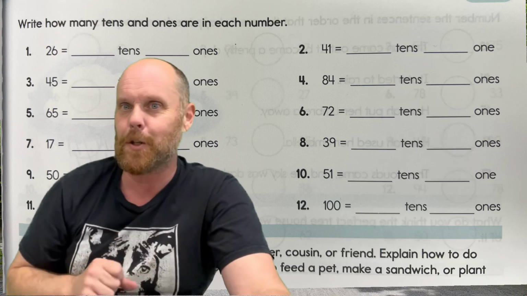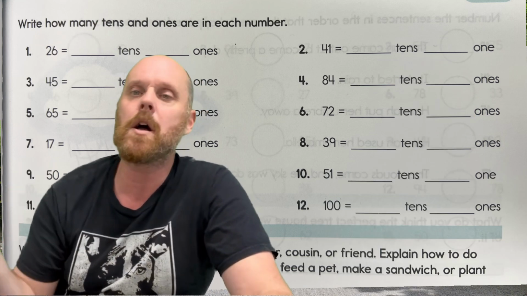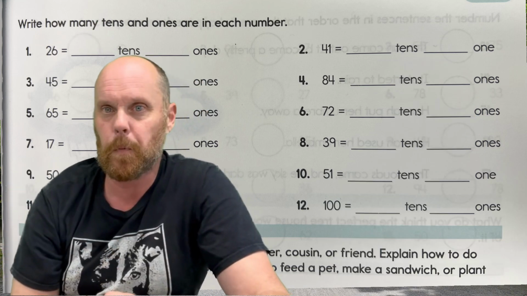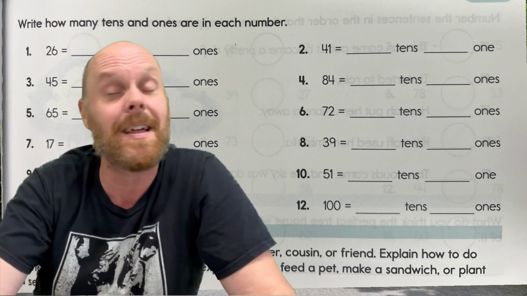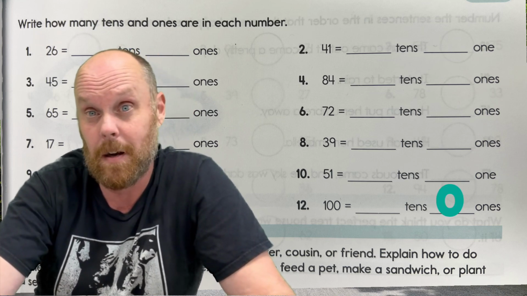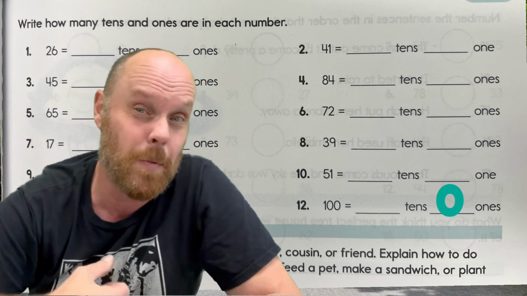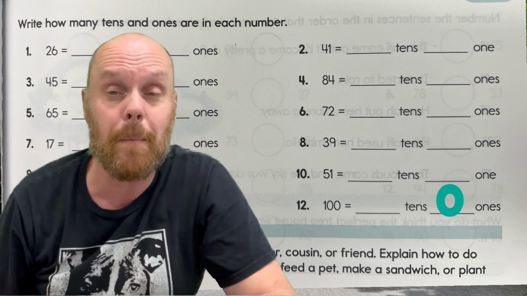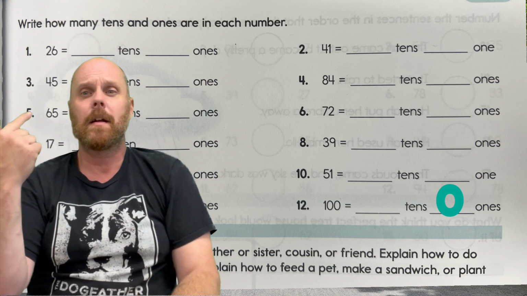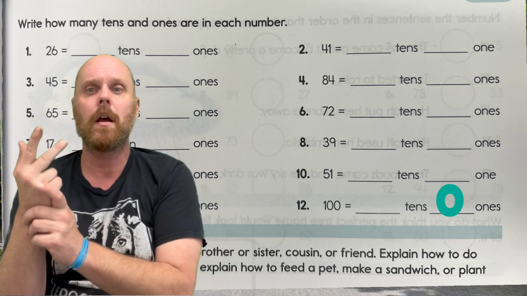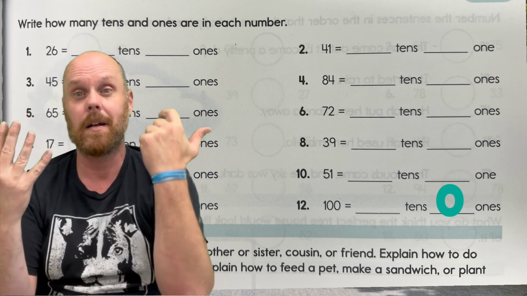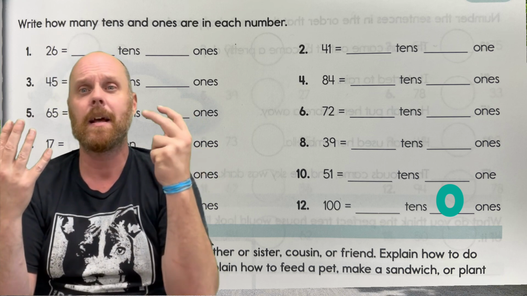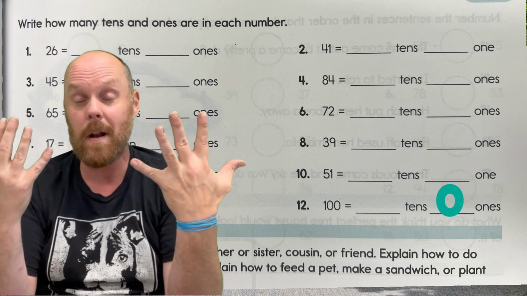If we take a look at number 12, we have the number 100. Well, how many ones is that? Well, it would be 100 ones, but there's nothing in the ones place value, is there? But how many tens would that be? Well, let's count by tens. 10, 20, 30, 40, 50, 60, 70, 80, 90, 100.